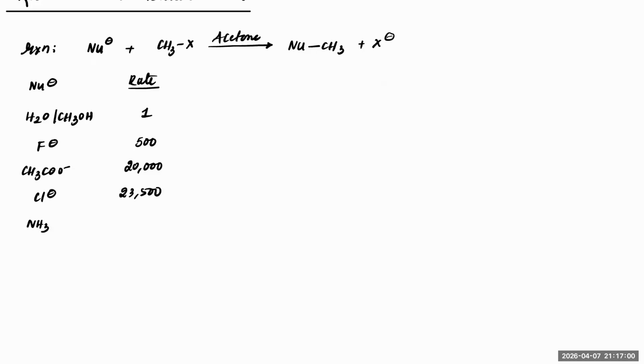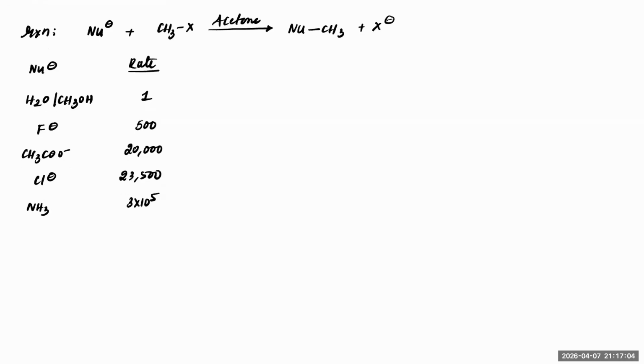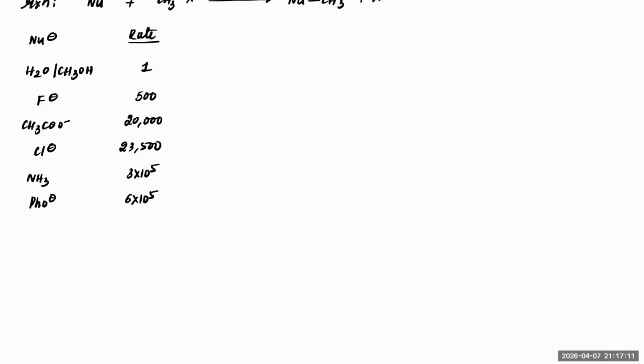Ammonia, 3 into 10 raised to power of 5 times, a very good nucleophile. Phenoxide, PhO minus, 6 into 10 raised to power of 5. N3 minus, azide, also 6 into 10 raised to power of 5, a very strong nucleophile. Br minus, 6 into 10 raised to power of 5.